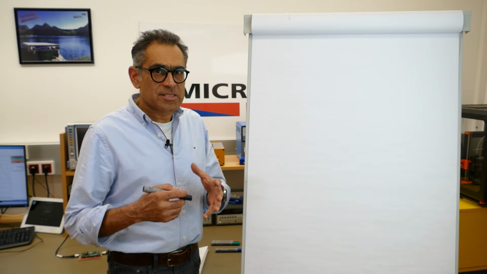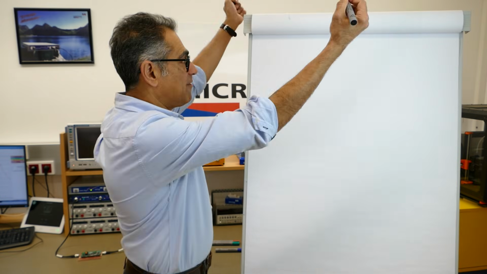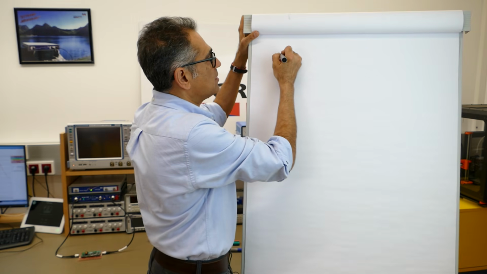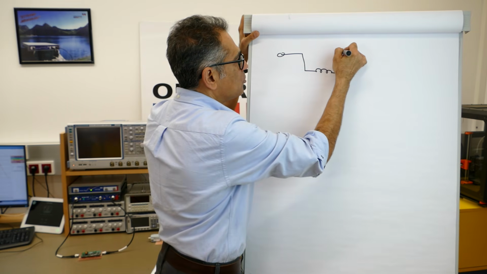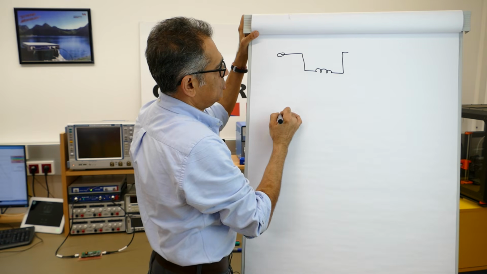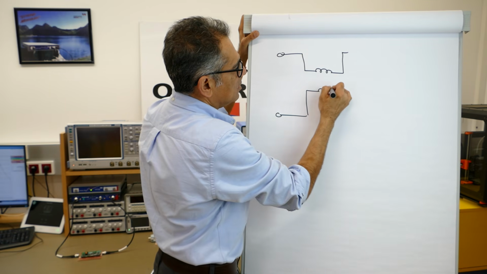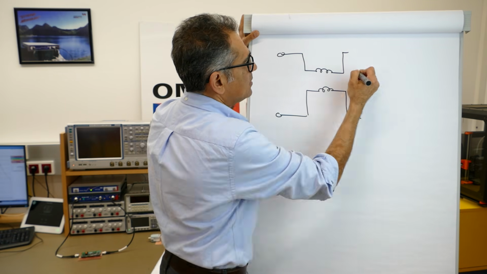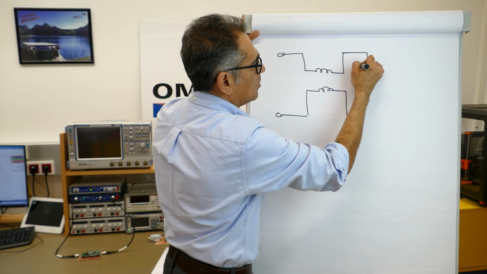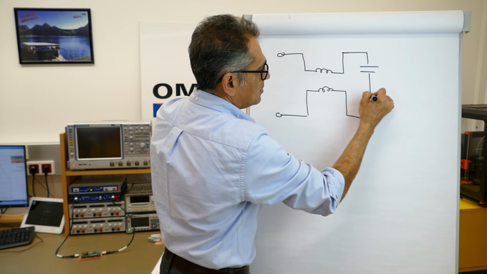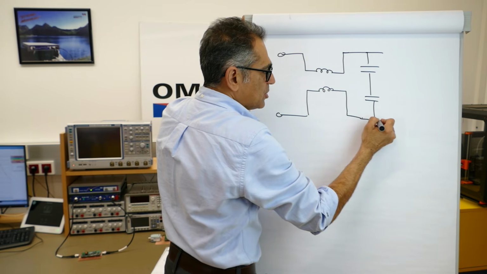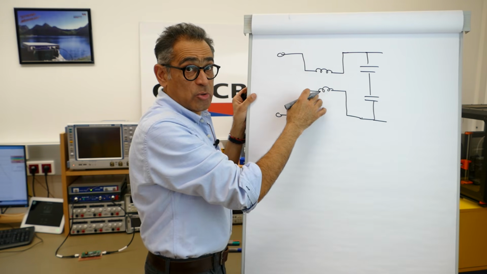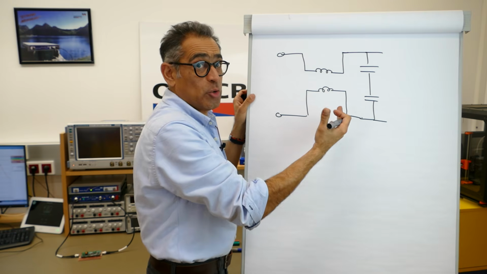Okay, so let us start with the basic structure of an EMC filter first. I typically start right here. I get my common mode choke, which looks something like this. And then I have some common mode capacitance, looks like that. And then the leakage inductance of this common mode choke acts as a differential mode inductance.